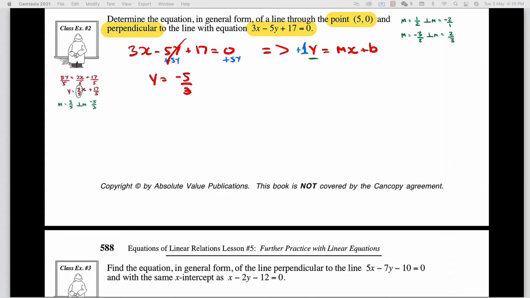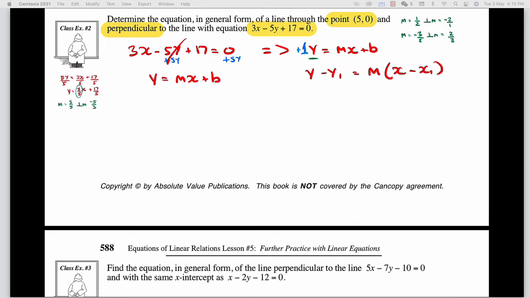And that's going to be, well, first of all, let's do it like we did last time. So there are two possible equations that I can use. So y equals mx plus b, and the other one is y minus y1 equals m times x minus x1.